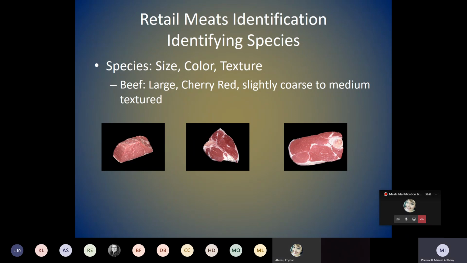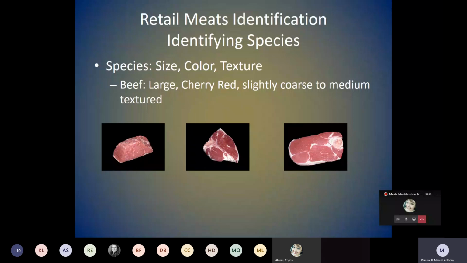All right, so I'll run through this with y'all right quick. When it comes to determining species, obviously size is going to be one of the bigger indicators of what species a retail cut comes from. The very larger species obviously are going to be beef. The type and color of the cut will help you determine what species it is, and then also the texture of the muscle.